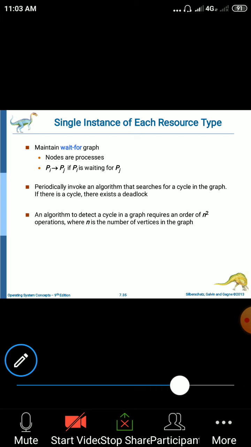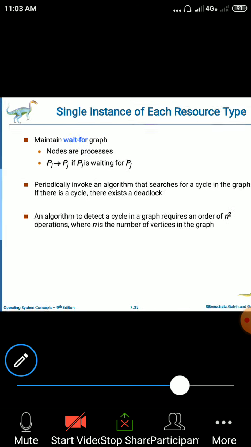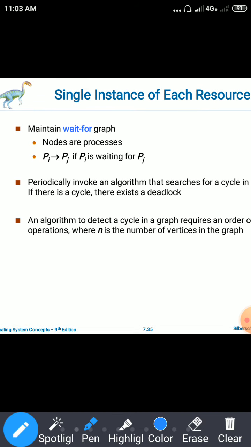If all the resources have only a single instance, then we can define a deadlock detection algorithm that uses a variant of the resource allocation graph, called the wait-for graph.